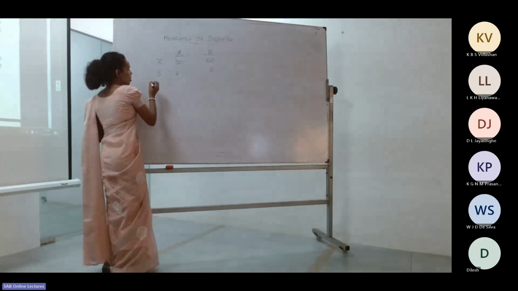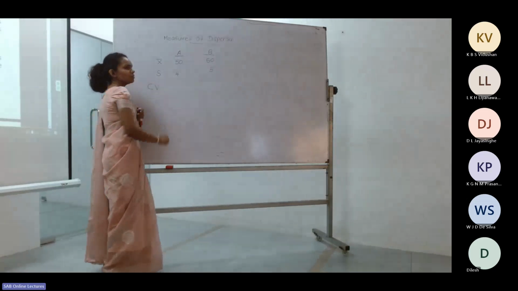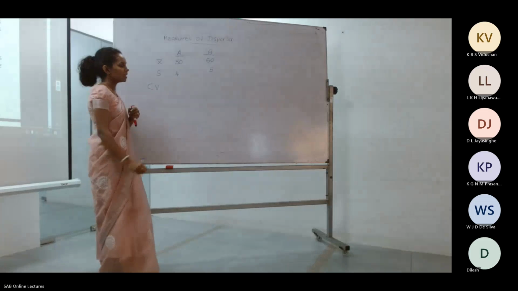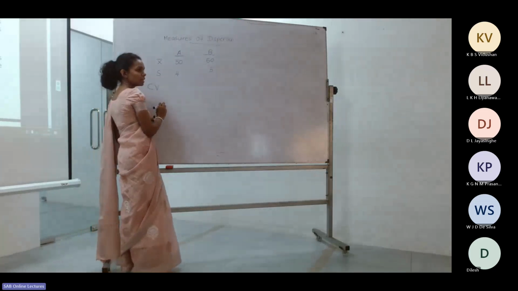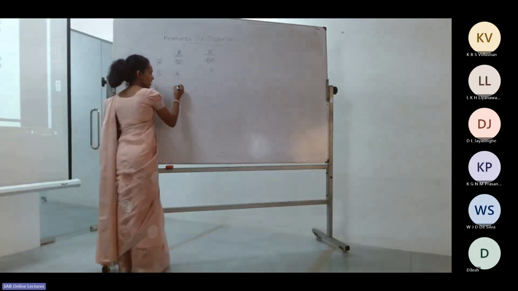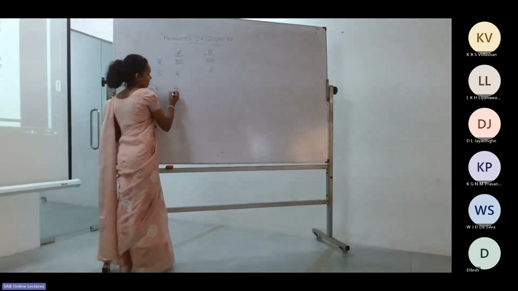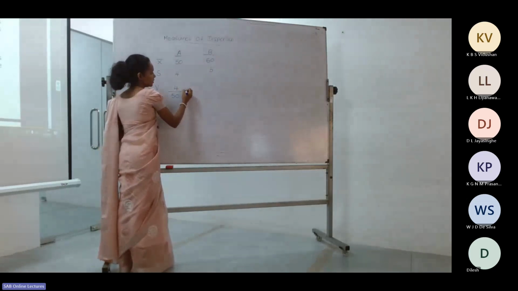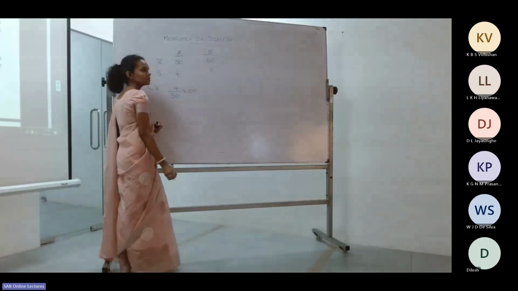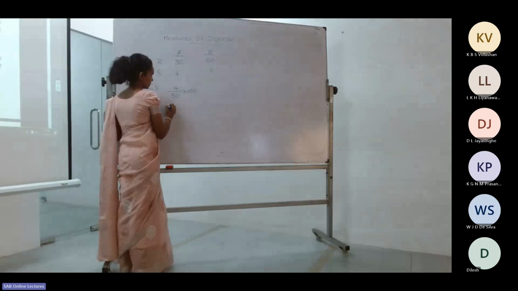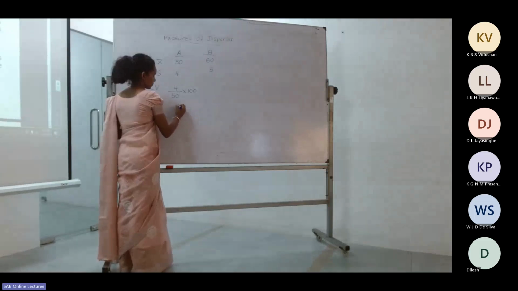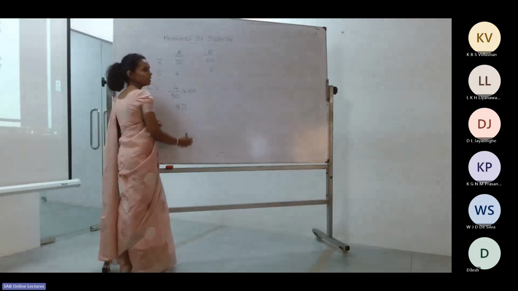Then we use the coefficient of variation for them. How do we calculate the coefficient of variation? Standard deviation divided by the mean value, multiplied by 100. What's the answer? 8%.